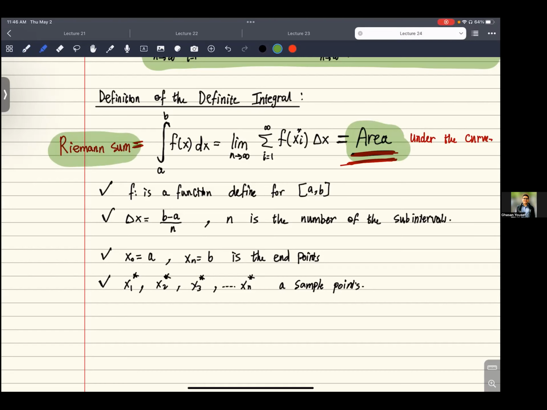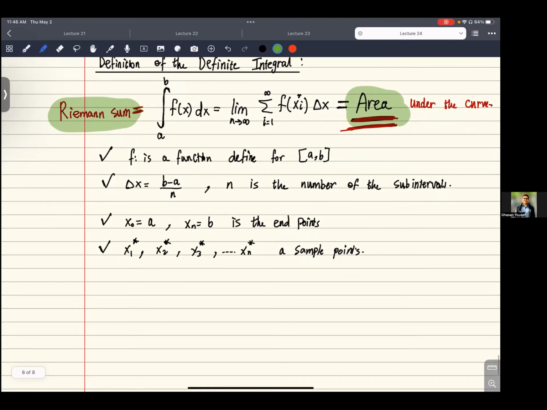If I ask you what's the Riemann sum, it's the limit of the sum of f of xi star times delta x, which is the same as the integral.